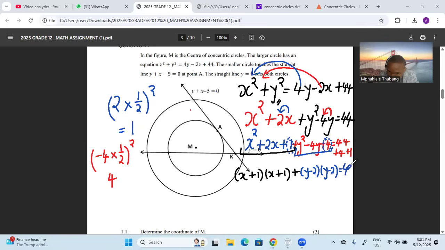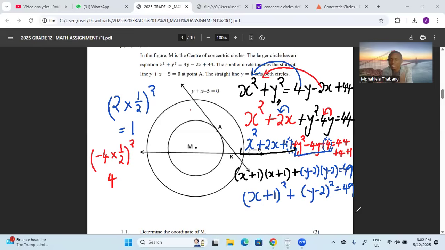This is the same as x plus 1 squared plus y minus 2 squared equals to 49. So we can now know the center of this large circle. Why am I saying this?